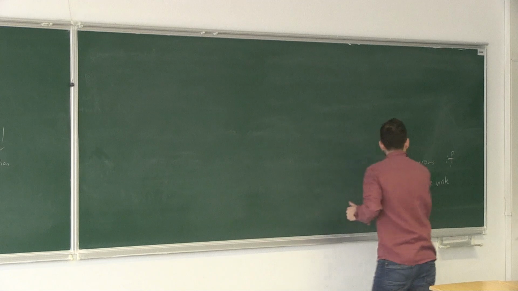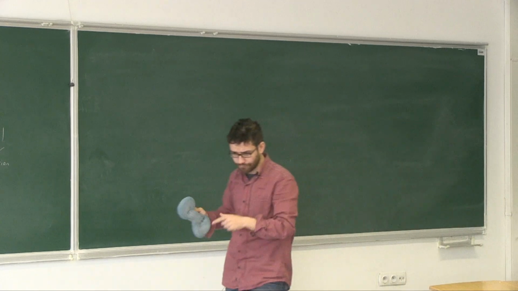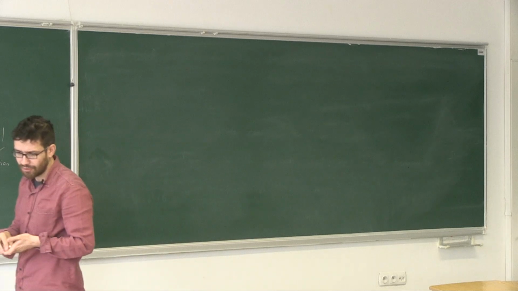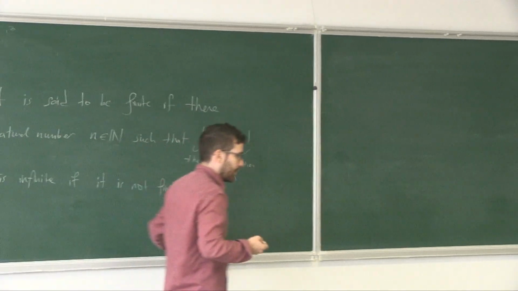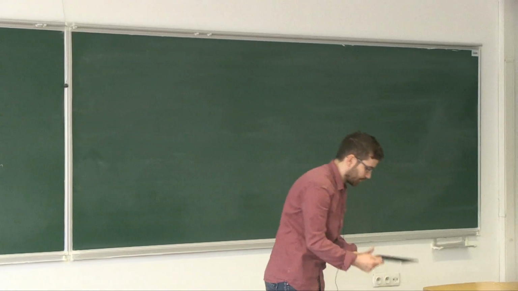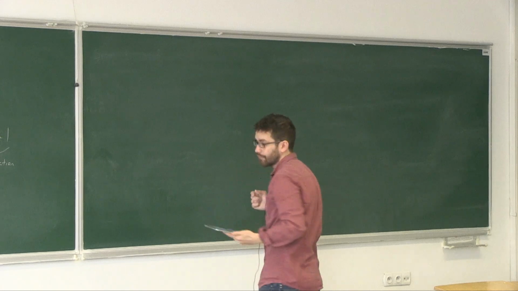So let's go over what we have done so far. We defined what it means for two sets to have the same size, what it means for two sets to be equinumerous. We then defined finite sets. A set is finite if it's equinumerous with a natural number. It's infinite if it is not finite. What we're going to do next is the following.